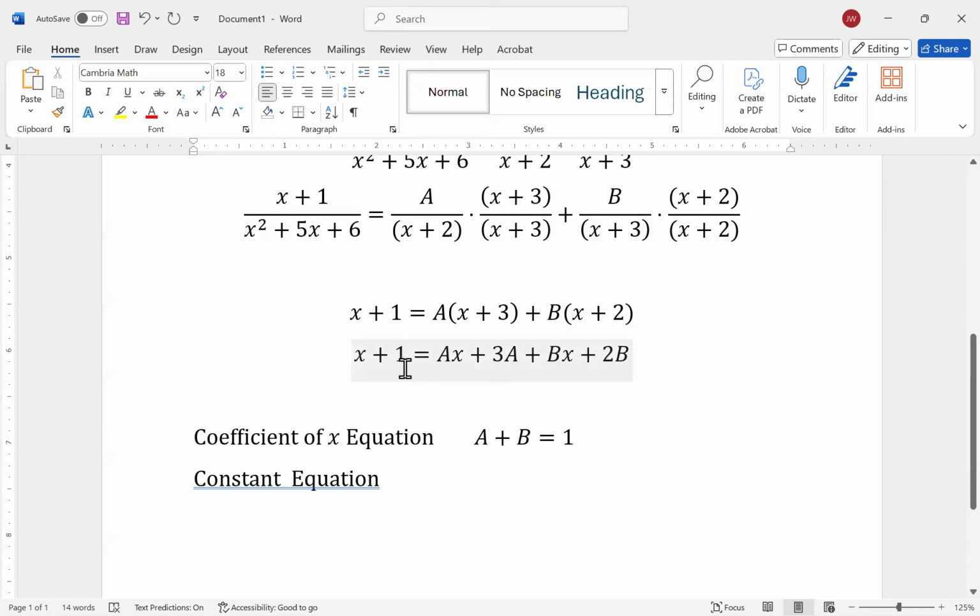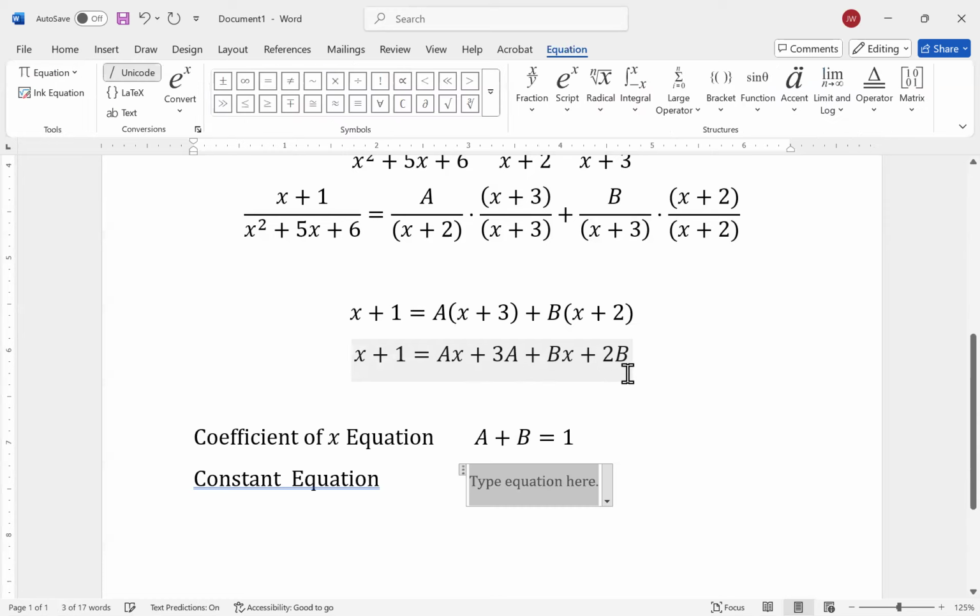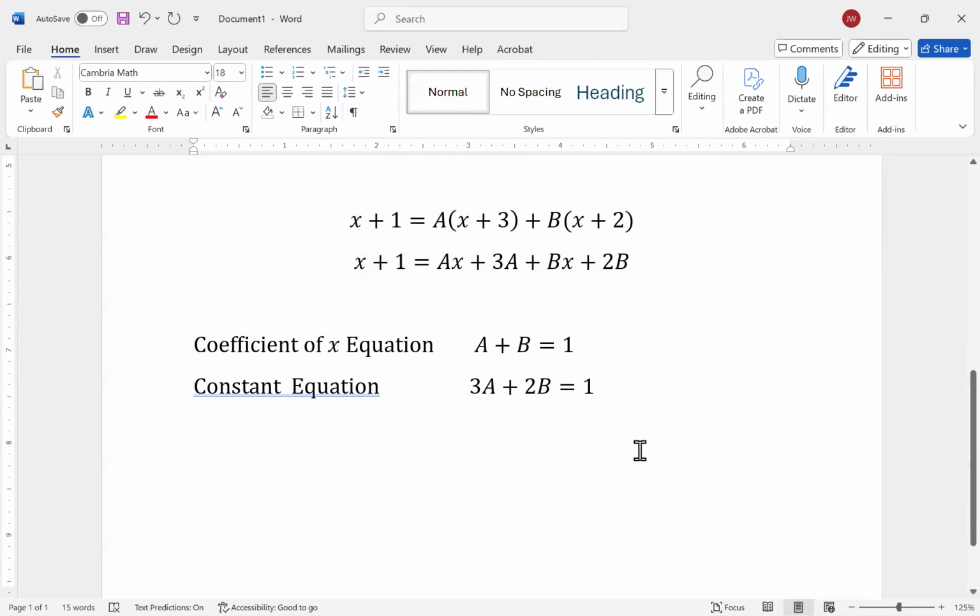On the left I have also 1, just this one. But on the right I have 3a plus 2b. So I know that 3a plus 2b has to be equal to 1. This gives me a pair of linear equations that I can solve for a and b.